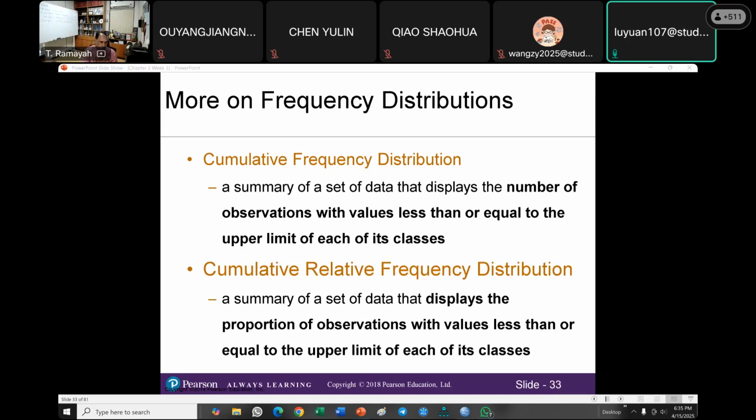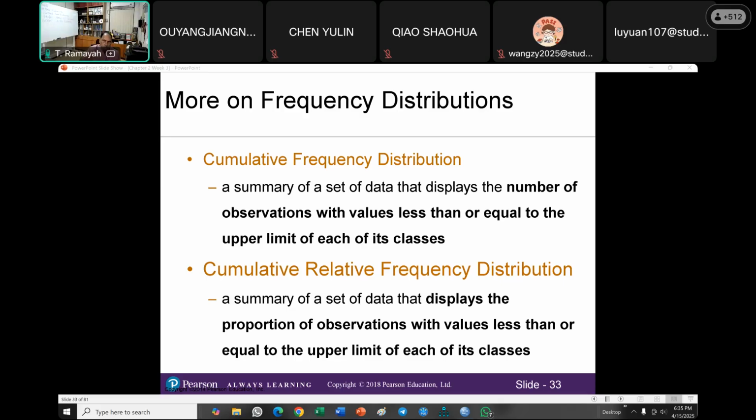Next, we want to look at the cumulative frequency distribution. This cumulative frequency distribution is a summary that displays the number of observations with values less than or equal to the upper limit of each of its classes.